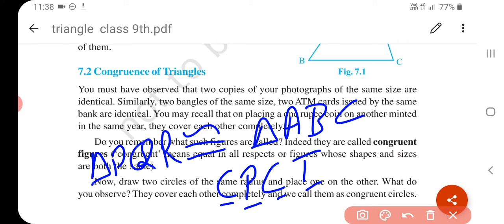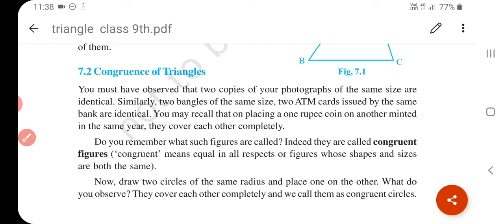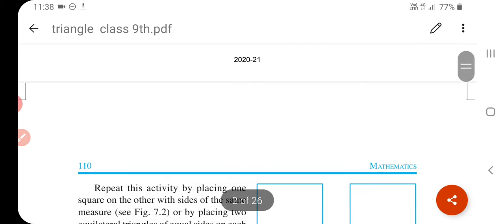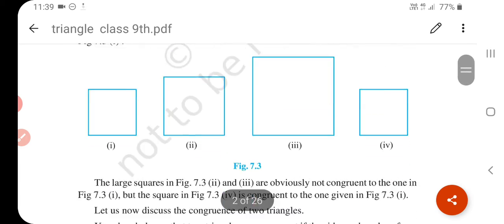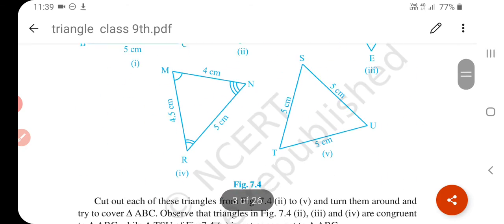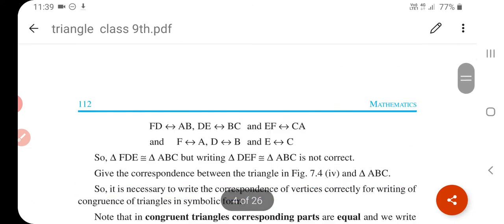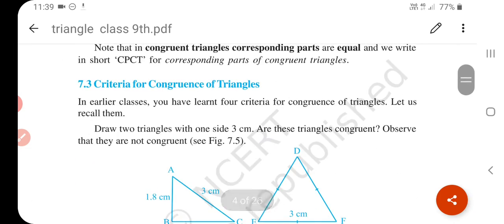Now if we talk about the criteria for congruence of triangles, there are four criteria we learn in this chapter. The first criterion is side angle side.